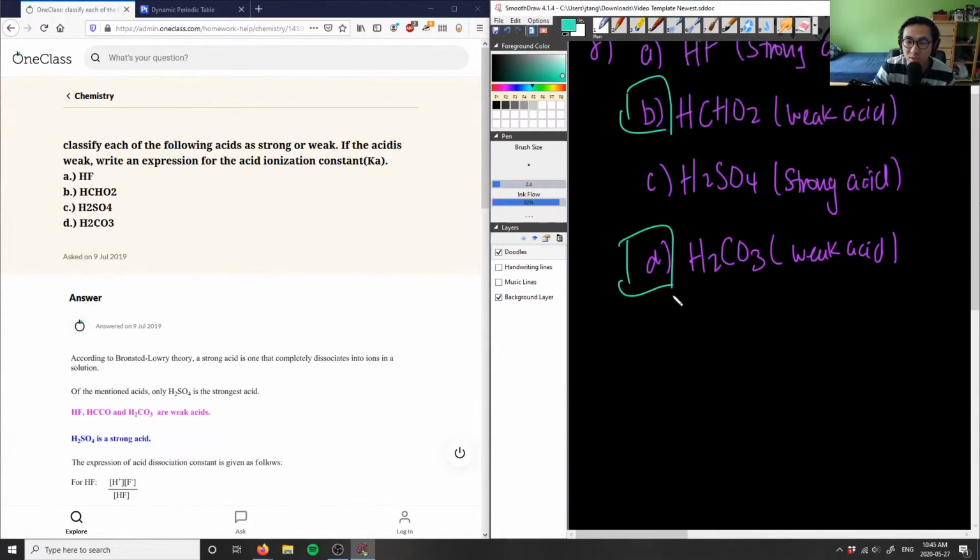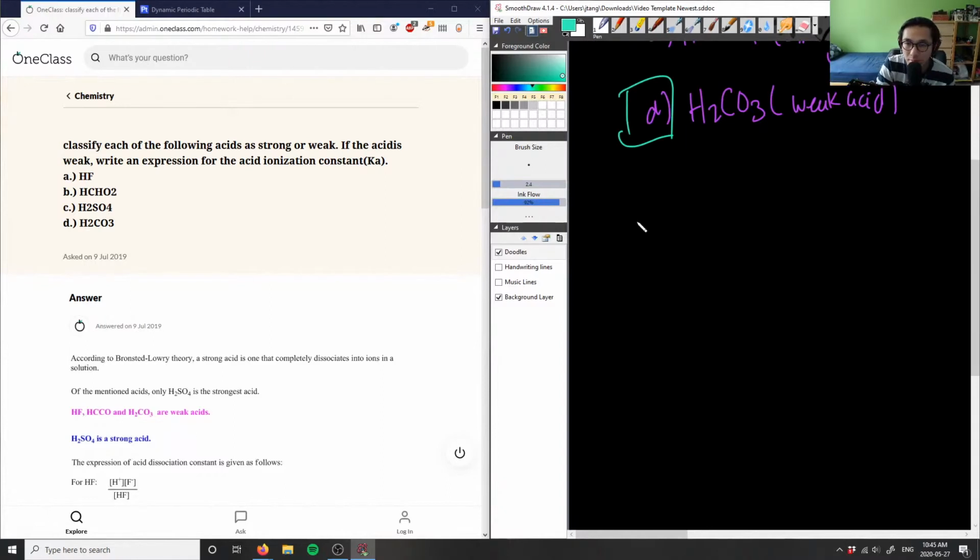So I have HCHO2. I'm going to add water to this. It's going to dissociate, obviously, into my hydronium ion, and then this is going to lose an H, right?